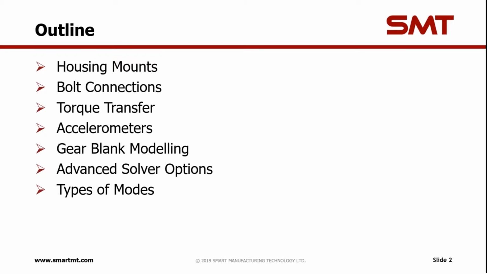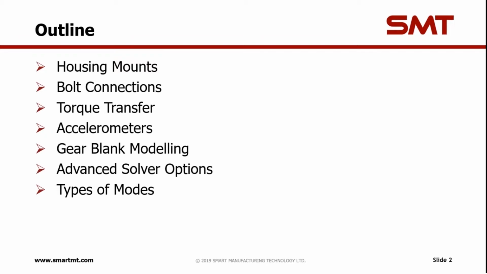Talking about how to model accelerometers on your housing, the various ways we can add those in. We're talking a bit about gear blanks and what levels of detail we should include for those, in particular about including the gear teeth. I'll be going through a few of the more advanced solver options, just touching on those to explain in a bit more detail what some of those mean.